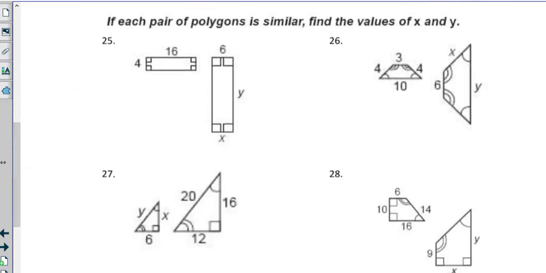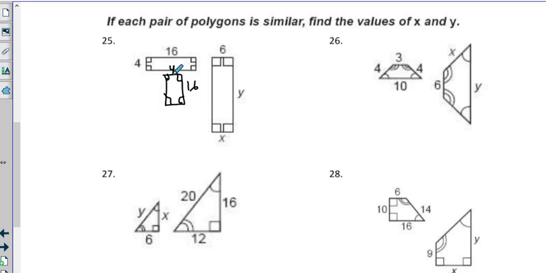All right. If they are proportional, similar, what's x and y? So I'm going to kind of rotate this one. Obviously, all 90 degrees. Okay? And I'm going to put 16 here and 4 here.